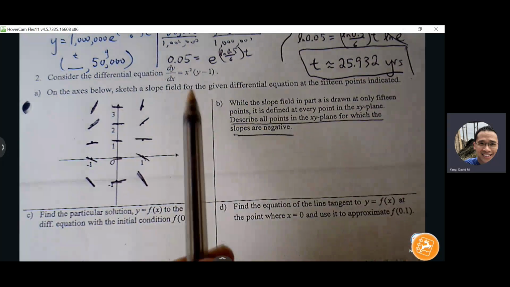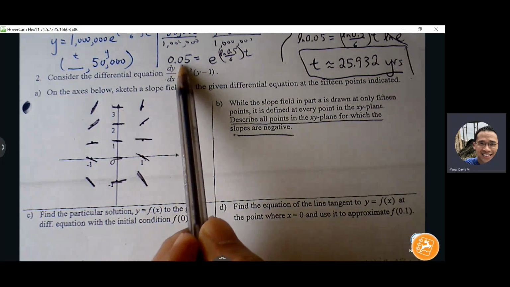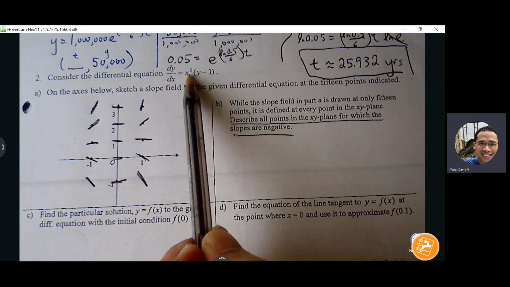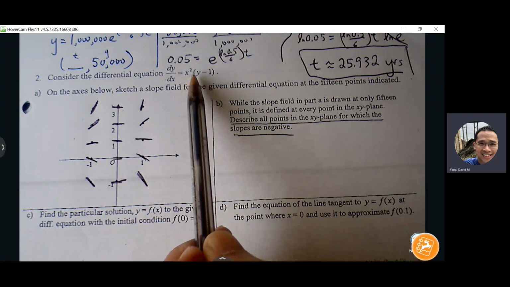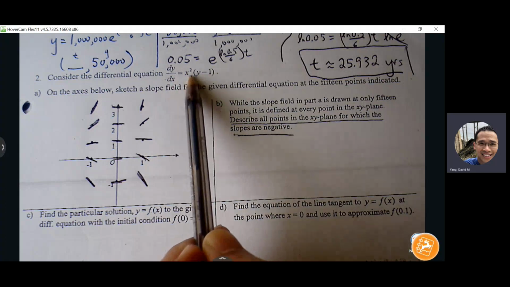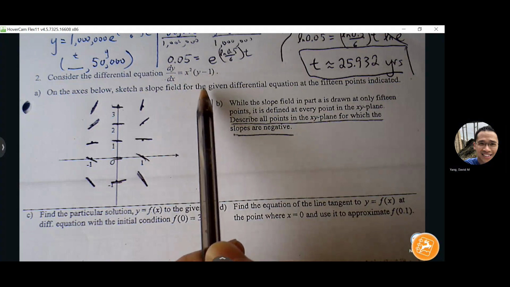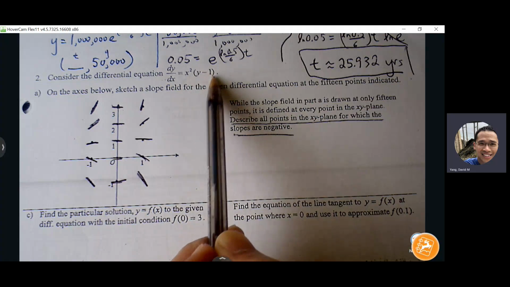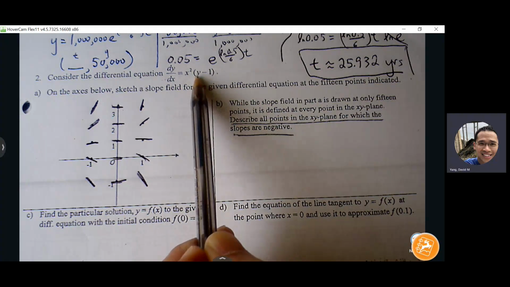So if we look at this equation here, we know the x squared has nothing to say about negatives, right? Because whatever we put in for x, x squared is always positive. So the only thing that's going to cause this derivative to be negative is which variable? The y variable. So whenever y is what? Less than 1.